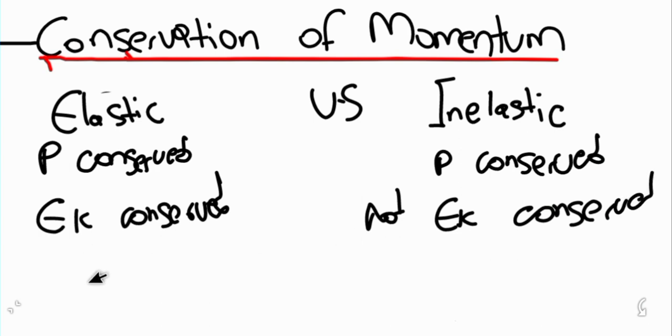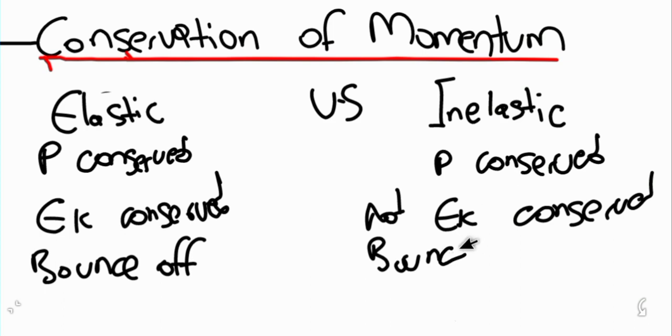So there are some situations behind these collisions. In an elastic collision, when objects collide, they usually bounce off. In an inelastic collision, when two objects collide, there will be a maximum loss of kinetic energy, and sometimes the objects will stick together.